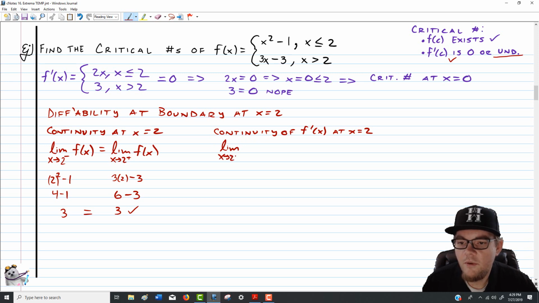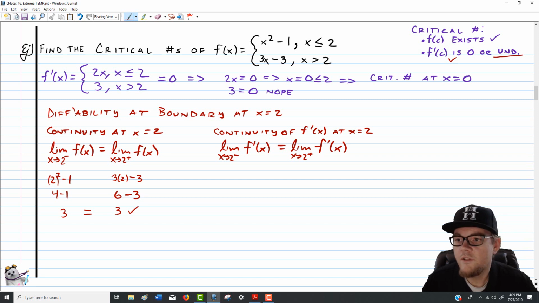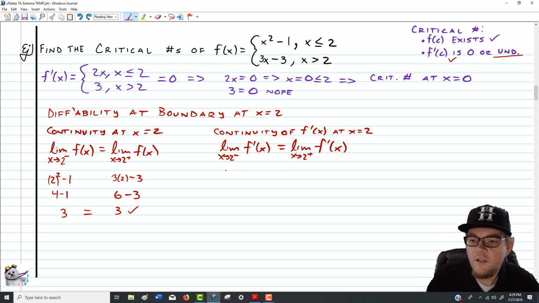So in our case, that's an easy transition. We're going to take the limit as x approaches 2 from the left side of f prime of x, and see if it's equal to the limit as x approaches 2 from the right side of f prime of x. So again, we're using the slopes this time. So using our slope function, that's going to be 2 times 2 on the left, and it's going to be 3 on the right. So our question is, are those two equal to one another?